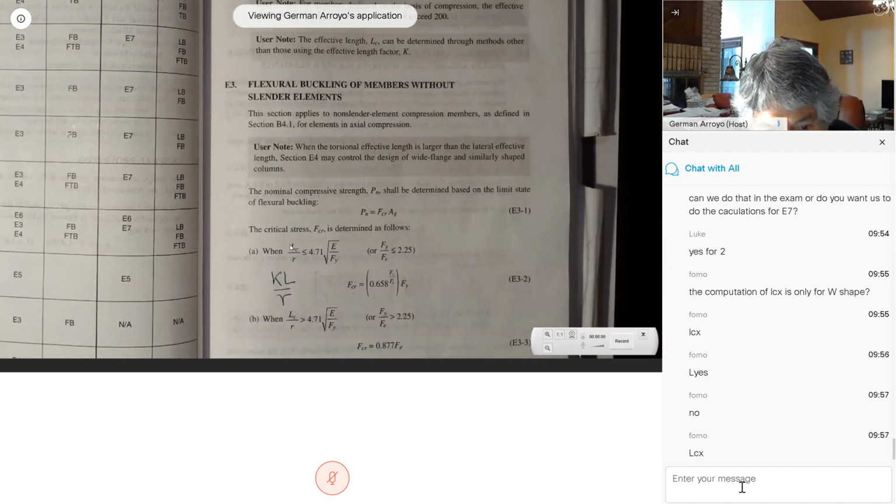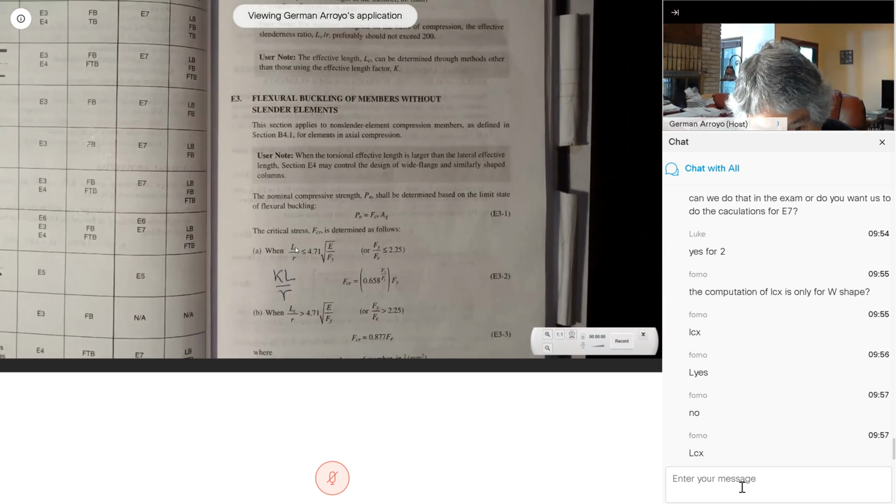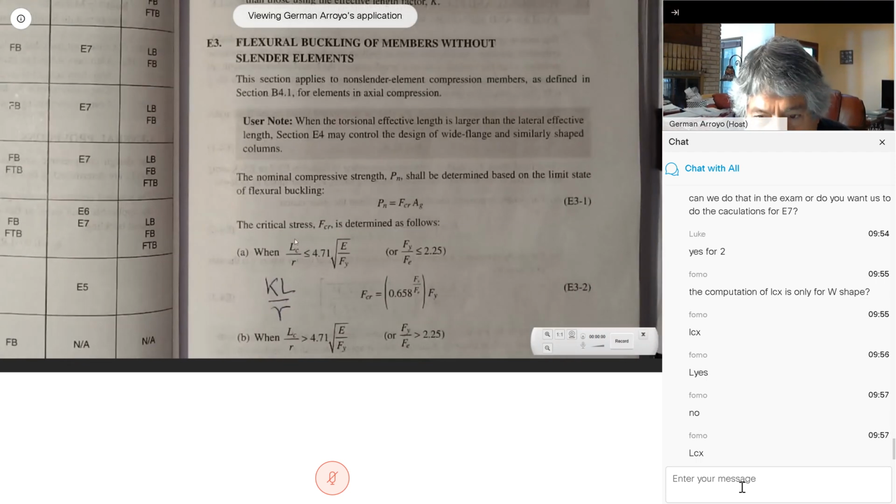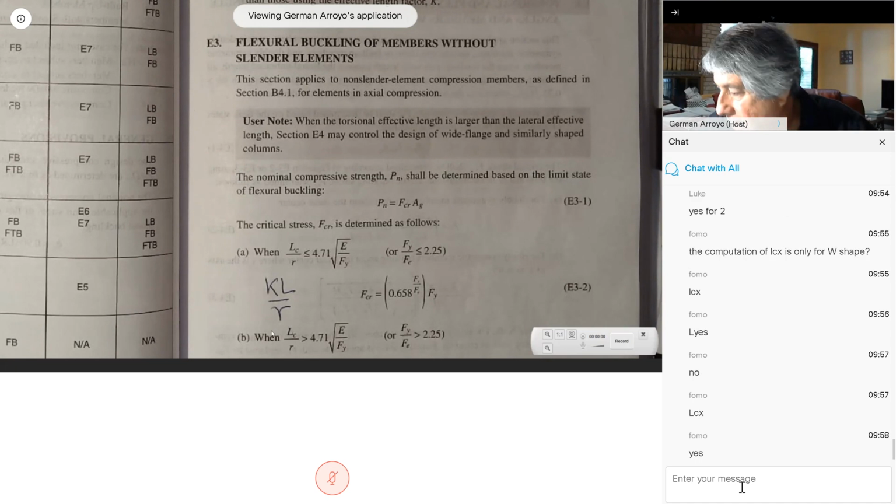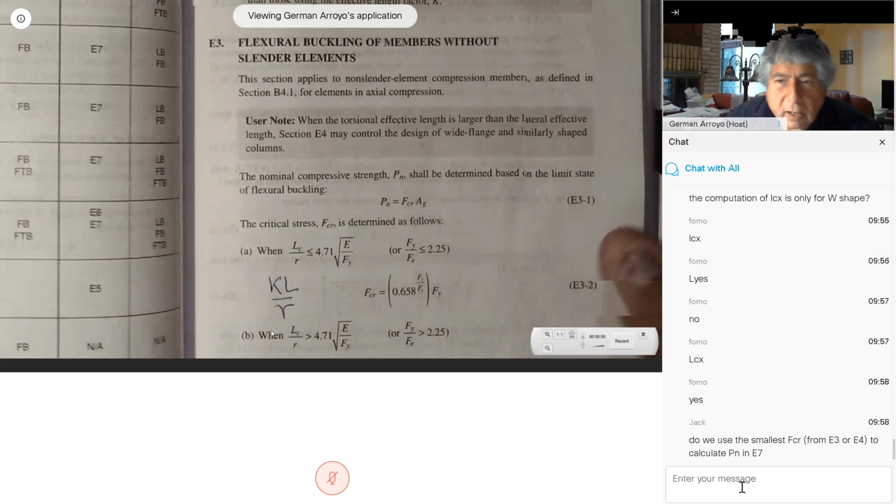The only thing that the code has done is that this KL, they're calling it now Lc. But for the column, if the strong axis controls, KL over rx, this is going to be the KLx, and if the weak axis controls, KL over ry, this is going to be the KLy. And if we have torsion, it's going to be KLz. Is that what you wanted to know? Okay. Any other questions?